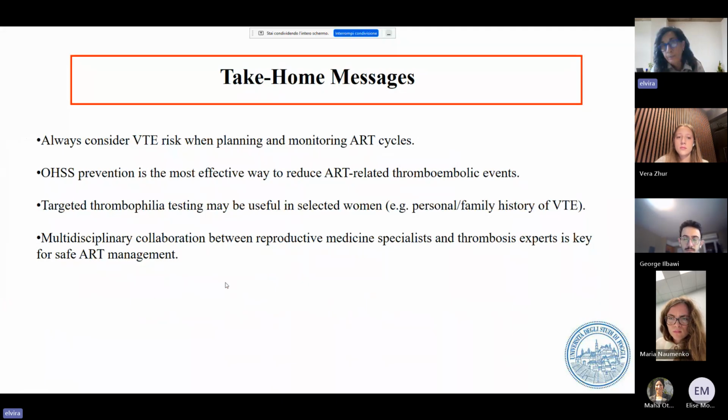Thrombophilia testing should be reserved just to women with personal or family history or with a higher risk of venous thromboembolic events. And last but not least, multidisciplinary collaboration between reproductive medicine specialists and thrombosis experts is absolutely necessary, mandatory, for a safe ART management. Thank you for your attention.